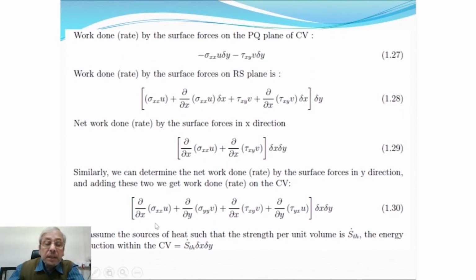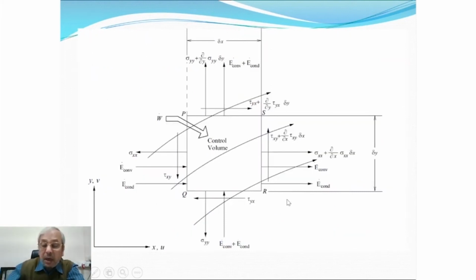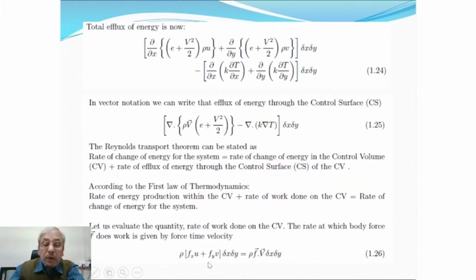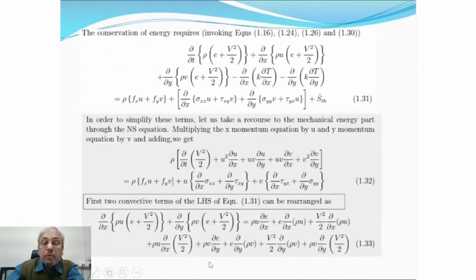So after having come to this level, this is the energy generation within the control volume, this is work done by the surface forces, and this is work done by the body forces. With these three components, we can write the entire right hand side: work done by body force, work done by surface force, and rate of energy generation within the control volume.